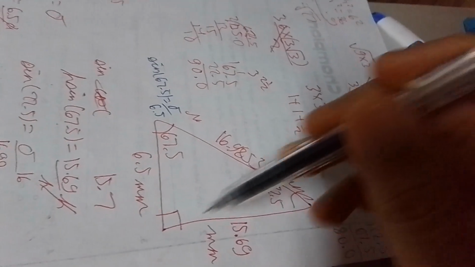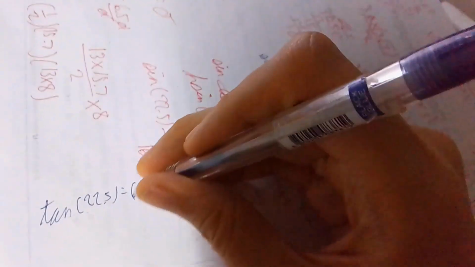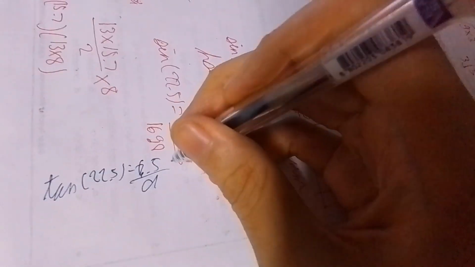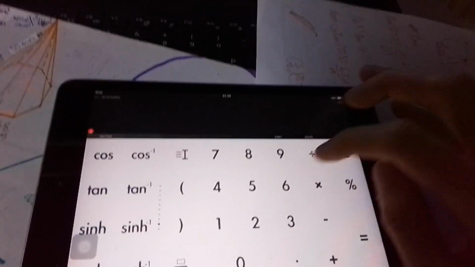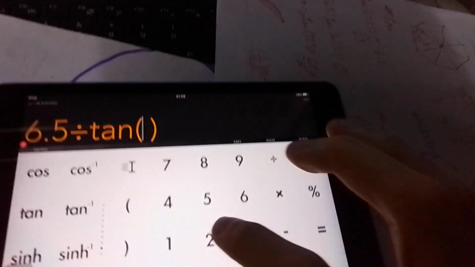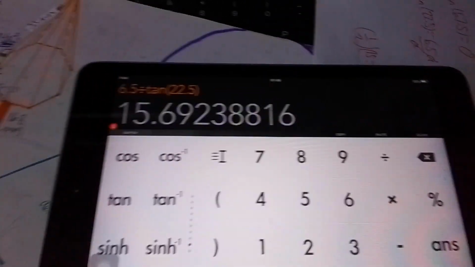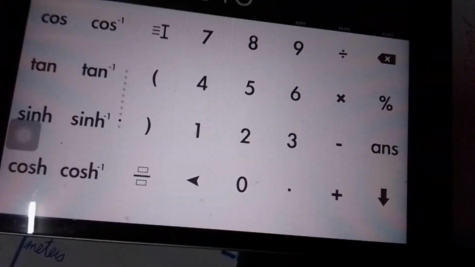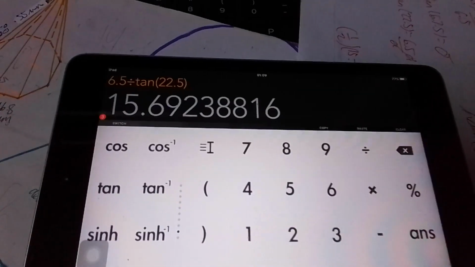Let's say for example this is not given. This is the adjacent, is equivalent to 6.5 over the adjacent. So you have to multiply this on both sides. So the answer is 6.5 divided by the tangent of 22.5. We should still get the same answer, and the answer is 15.7.